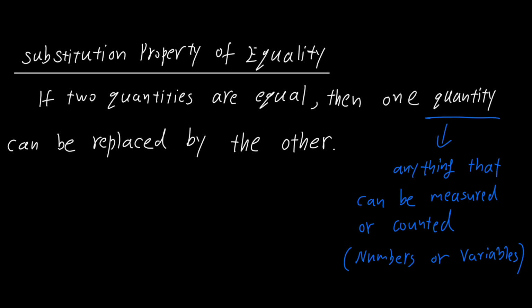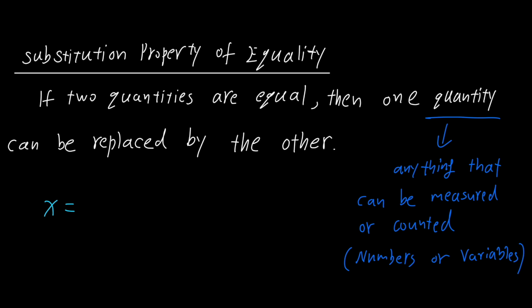But before that, quantity means anything that can be measured or counted. So in this lesson, we just use numbers and variables to represent quantity. So let's say I have one quantity here, variable x, and set it equal to another quantity.